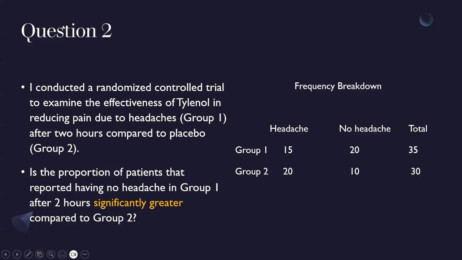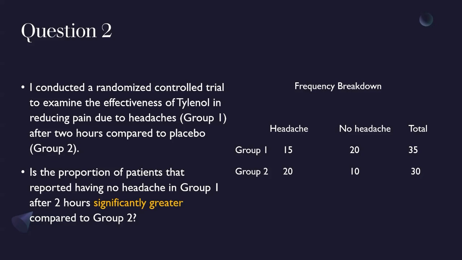Our question is focused on those with no headaches. So we want to know whether there is a statistically significant difference in the proportion of people that reported no headaches in group 1 after 2 hours, that's the group with Tylenol, compared to group 2. So I'm going to write my numbers down here again because we're going to go through this example.